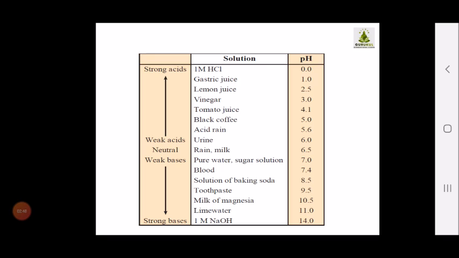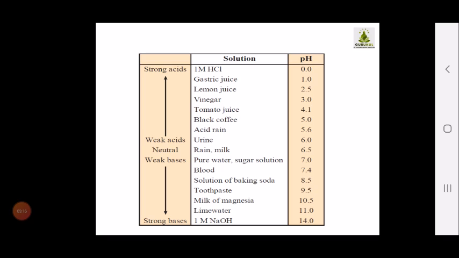Now pure water, sugar solution, their pH is 7.0. And the blood, now you will come to know blood is mildly a little basic, alkaline. So that's why blood pH is 7.4, near about neutral but 7.4. Solution of baking soda, its pH is 8.5.